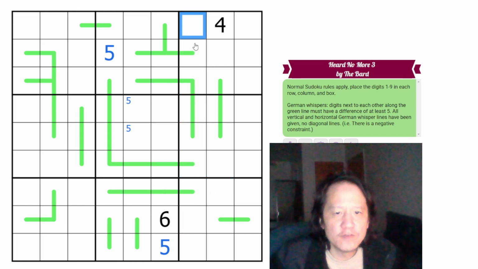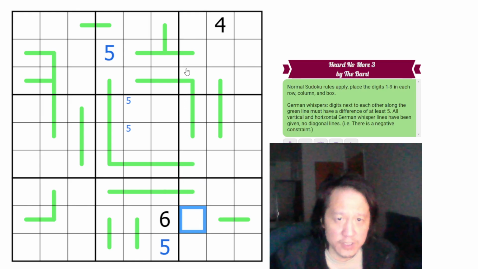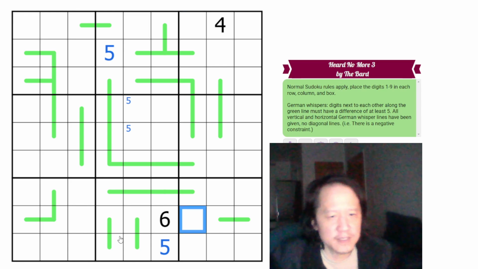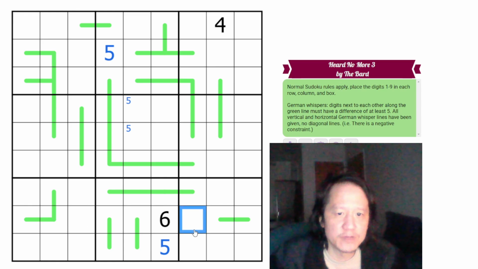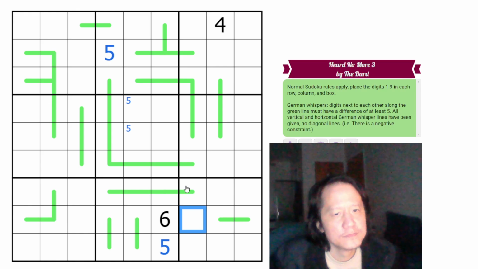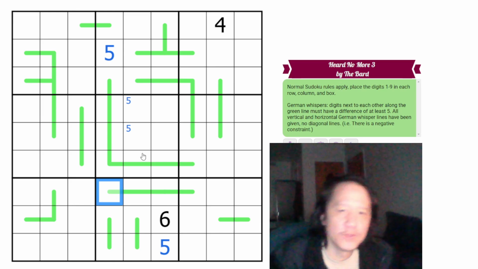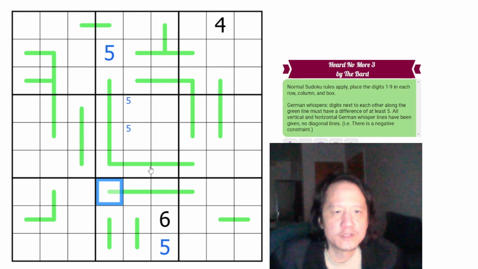Where is the 5 in column 6 or 7? It has to be one of these two cells, but that's not that helpful. It also still has to be one of these two cells. Okay, so where can it be? Let's try to figure this out. So we're going to make these pink then.